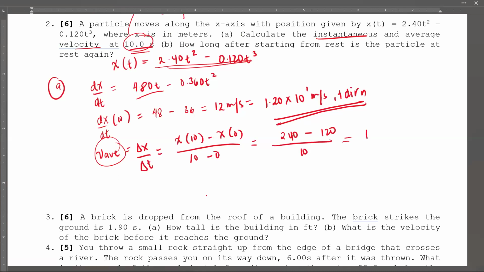So this gives us 240 minus 120 is 120 over 10. This gives us another 12 meter per second. So this is a no-brainer kasi it's the same value t, no? And average velocity is also at 0 to 10. So same lang, okay? So 1.20 times 10 raised to 1 meter per second, positive direction ulit.